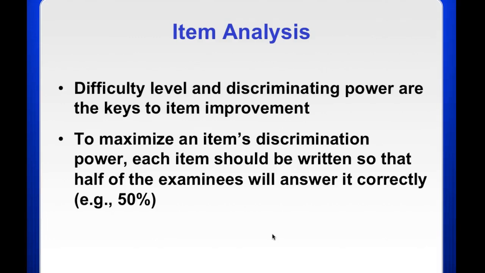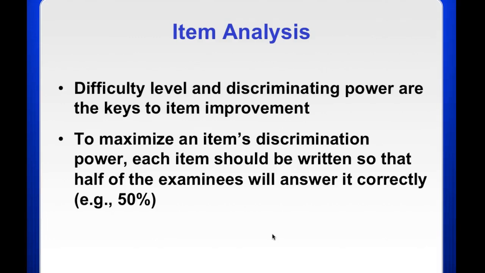So let me back up here a little bit. When we talk about the index of discrimination, what we're really talking about is trying to make an item on a test so that it's difficult enough to where only the people that did well in the test will get the answer correct, meaning 50% of the people who are taking this test should get this test correctly, and the other half should not get it correctly. And this would be an ideal situation.